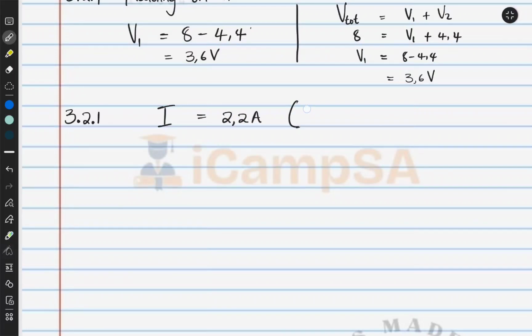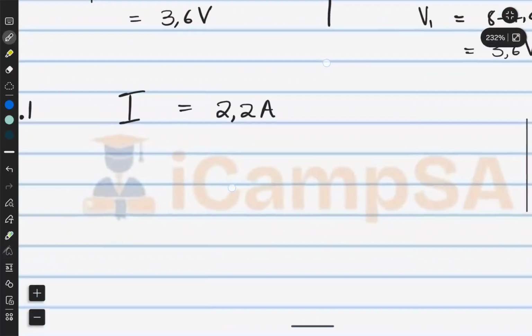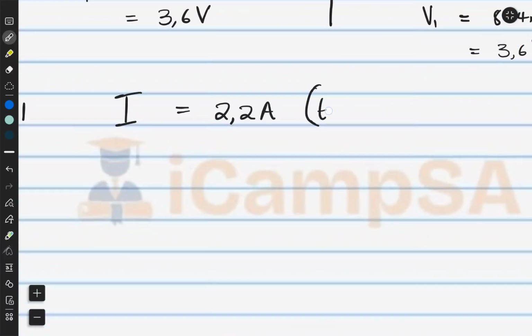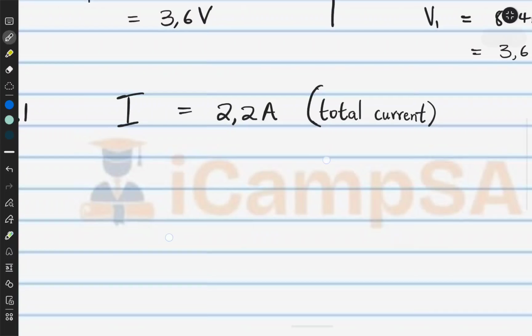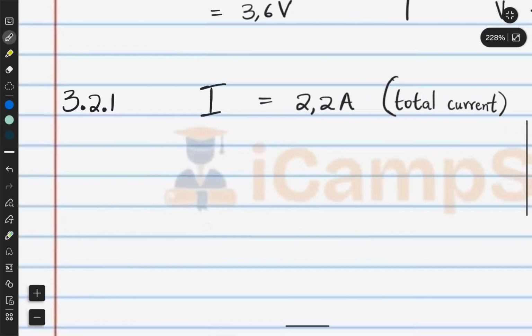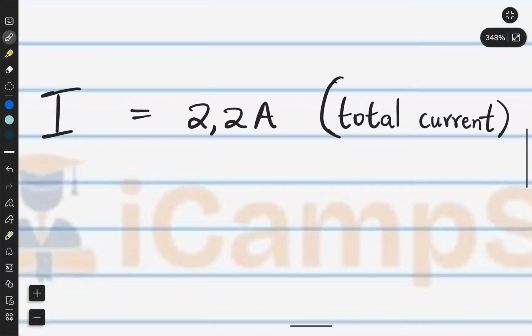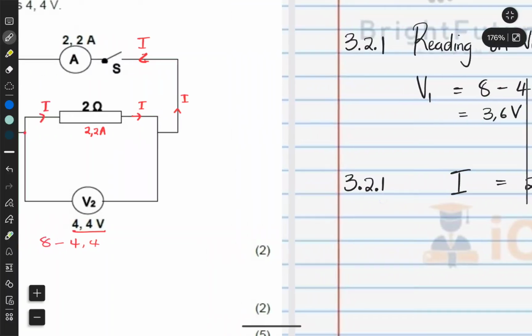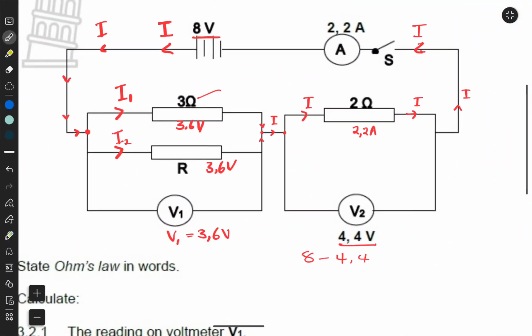This is our total current. Remember what we're trying to find is R, and we're trying to relate how the total current is distributed between these two resistors. We can always use the ratio method for a parallel combination.